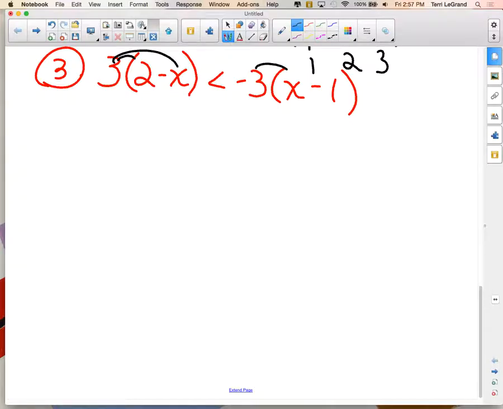So if you want to check with a neighbor to see if they agree with your simplifying. Okay, will you guys check me out? Did I simplify mine correctly?